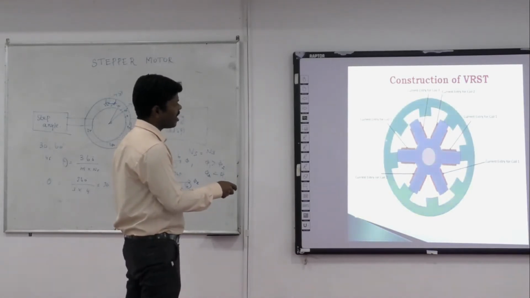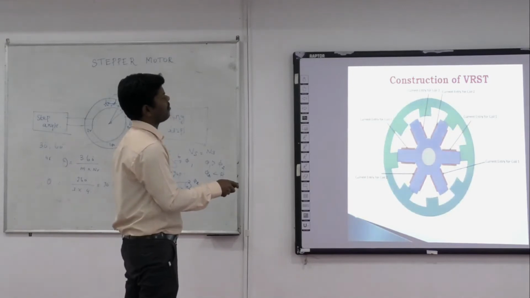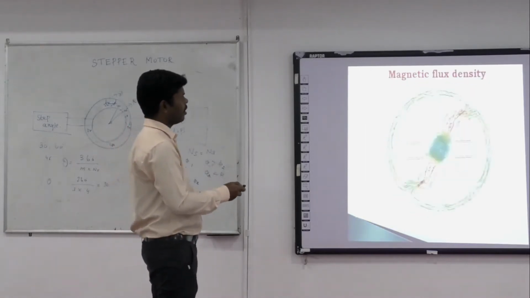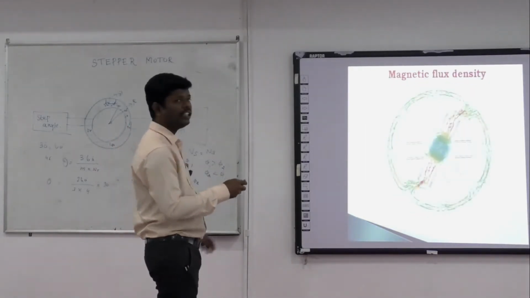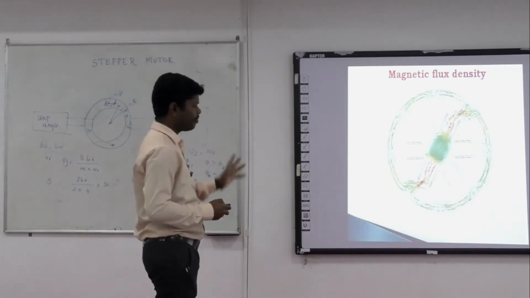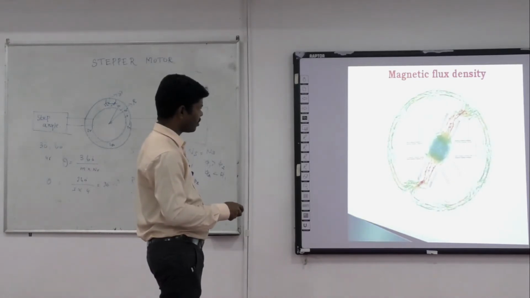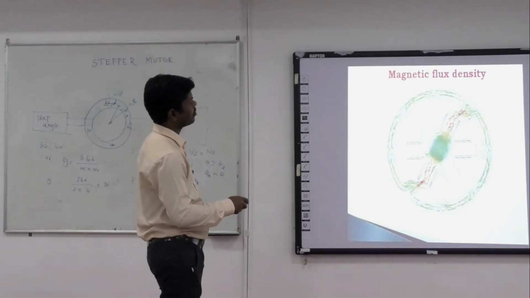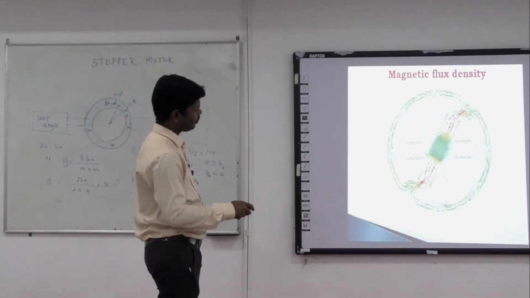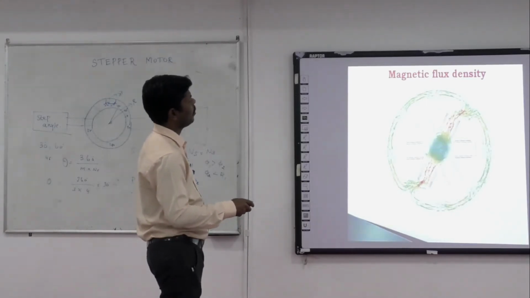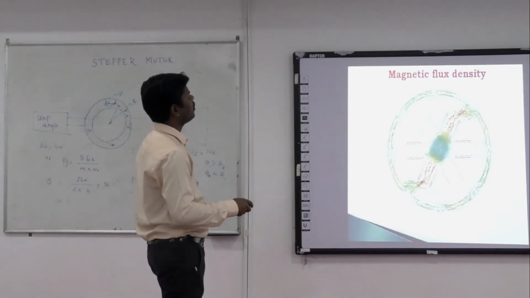We apply current for some angle. The rotor is attracted, generating magnetic flux. The magnetic flux opposing the stator generates our electromagnetic torque. How is the magnetic flux density produced? For example, this is the stator. The blue line is the stator magnetic flux density, and the yellow and red line is the rotor flux density.